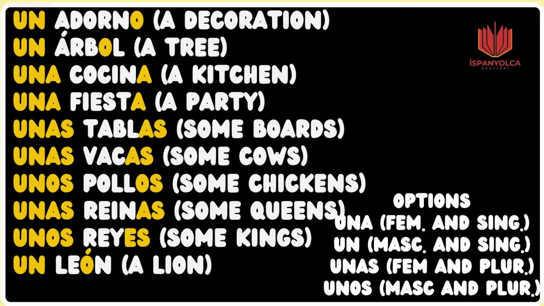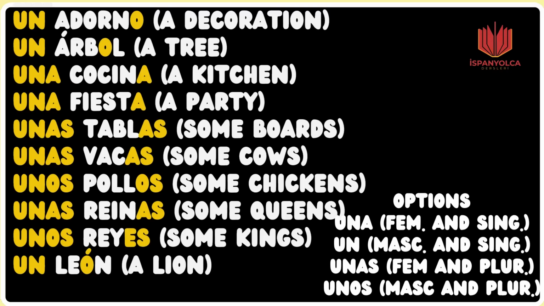Cocina is feminine and singular because it ends with an A and it doesn't have an S. Una fiesta. Fiesta is feminine because it ends with an A and it is singular because it doesn't have an S. That's why we use una.